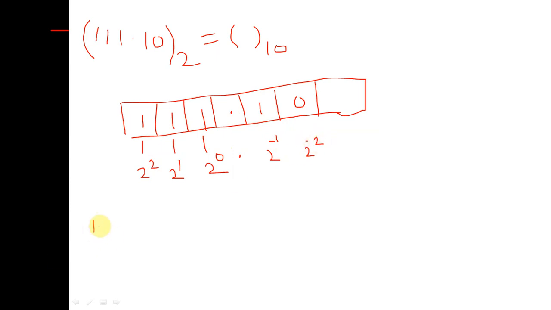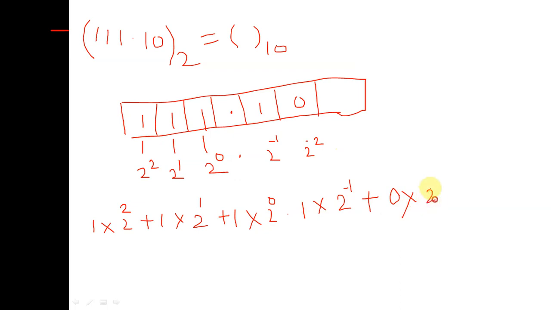Now this 1 multiplied with 2 raised to 2, plus this 1 multiplied with 2 raised to 1, plus this 1 multiplied with 2 raised to 0, point, this 1 multiplied with 2 raised to minus 1, and again 0 multiplied with 2 raised to minus 2.